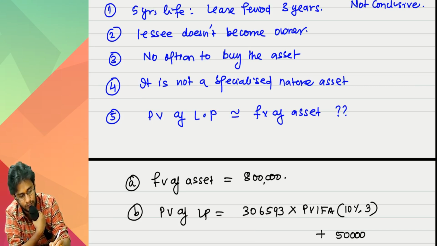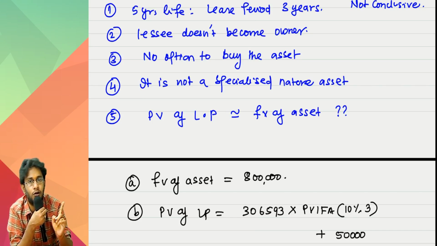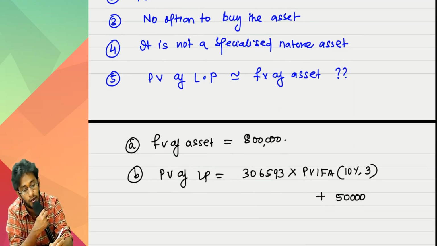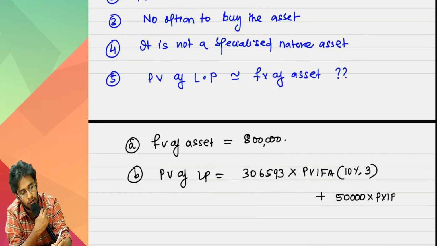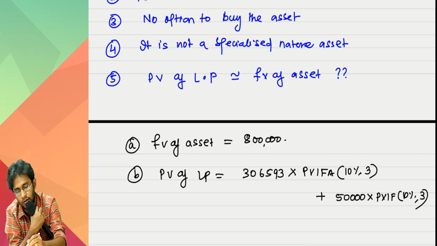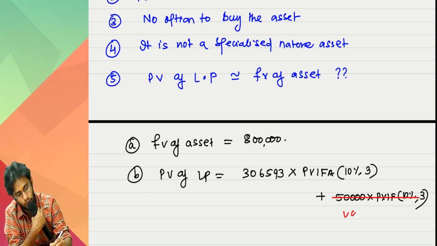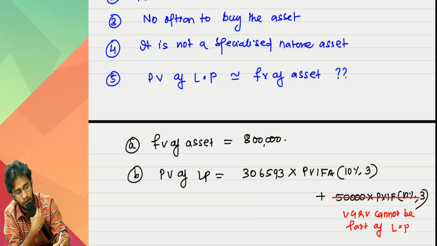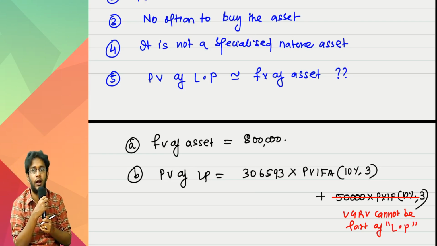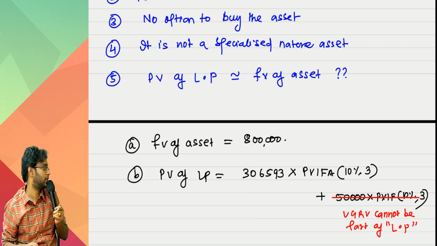It is wrong, because in the lease payments definition there is no UGRV, only GRV. That 50,000 is not GRV, that is UGRV. If you do this, your conclusion will be correct only, but you will lose marks. UGRV cannot be part of the lease payments definition. Yesterday we studied that in lease payments there is GRV, not UGRV.